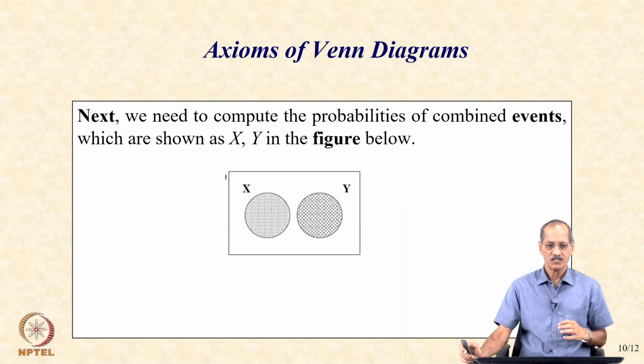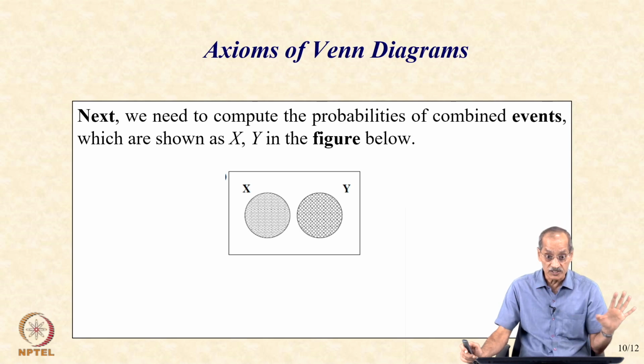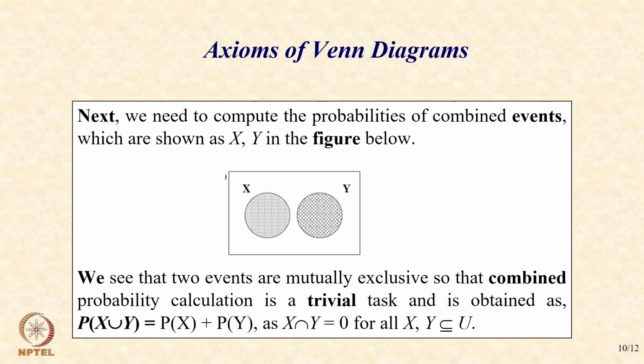Now, on the left you have event X, and on the right another circle which talks about Y, and as we can see, these two circles are non-overlapping. What we are indirectly saying is that these two events are non-overlapping, or independent of each other, which means they have nothing to do with each other, or sometimes we call these two events mutually exclusive.